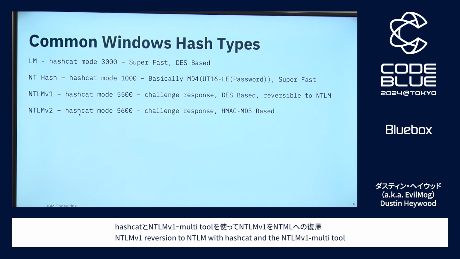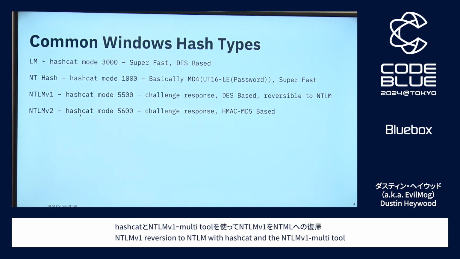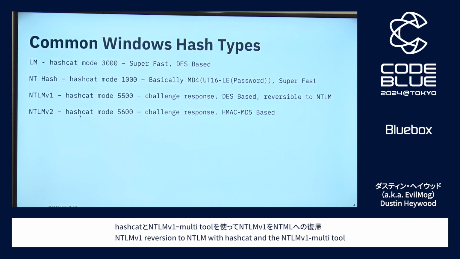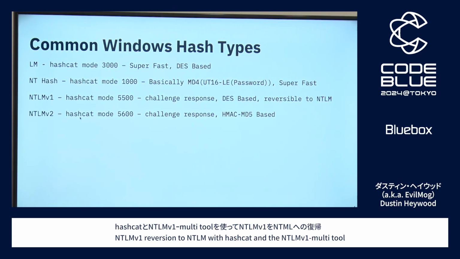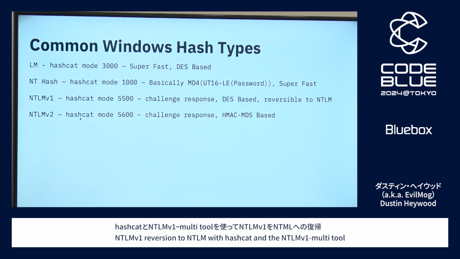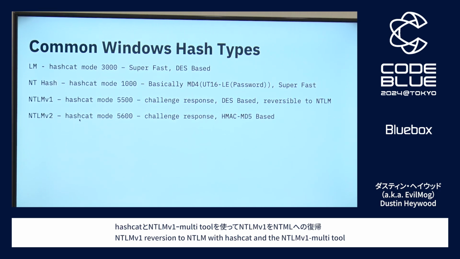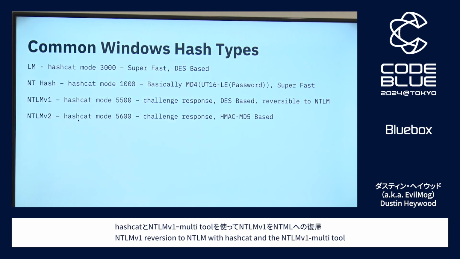You have the LM hash, which is hashcat mode 3000. If you see that in a domain, it's a whole different story. That's not what this talk is about, but it is DES-based. You have the NT hash, which is effectively MD4 with UTF-16 little endian encoding. This is super fast, and this will be relevant here in about 6 slides, so bear with me.